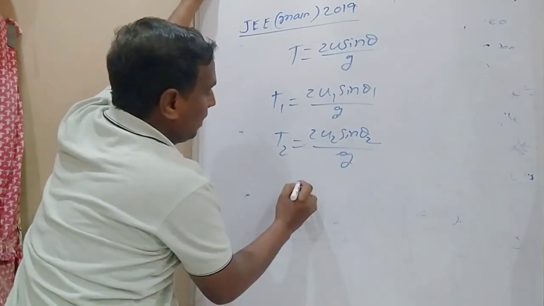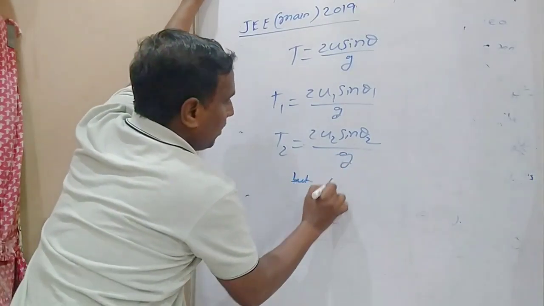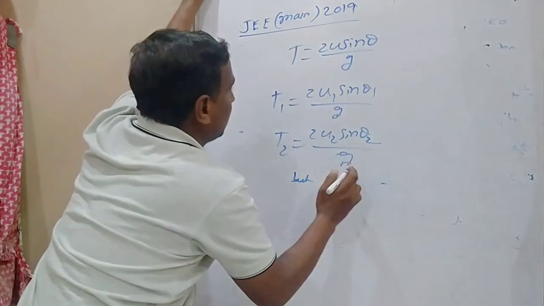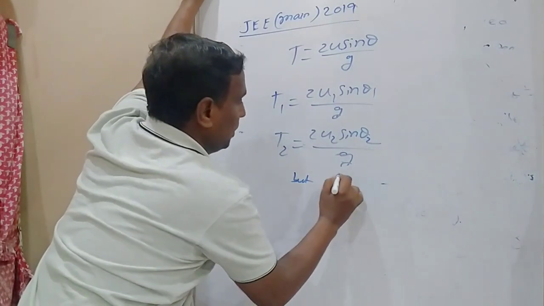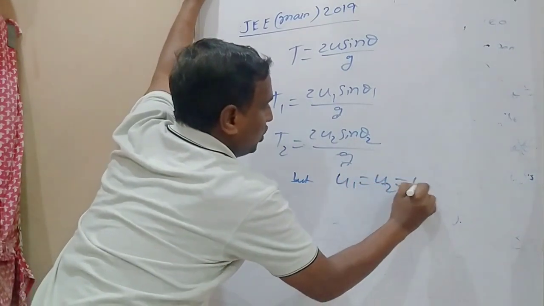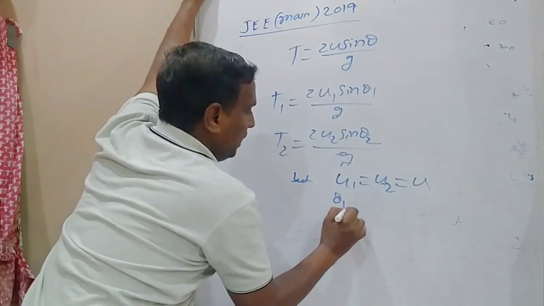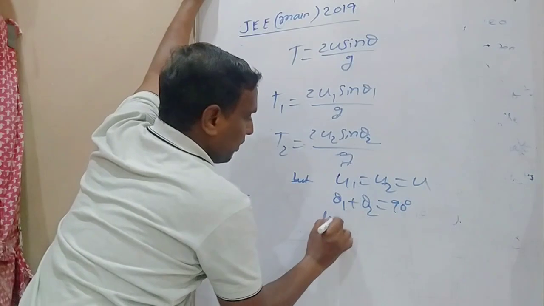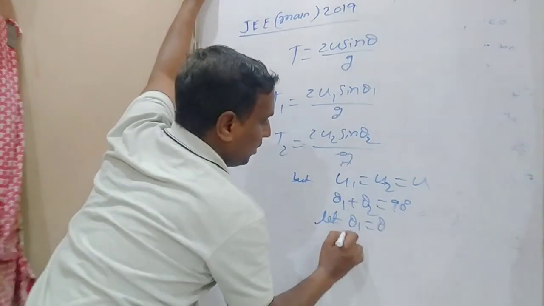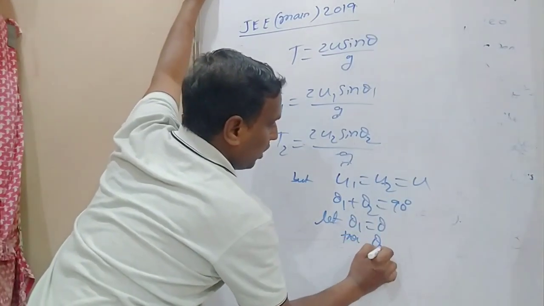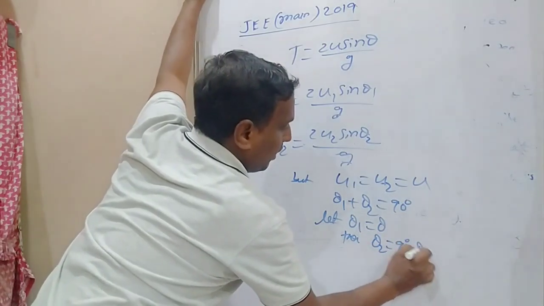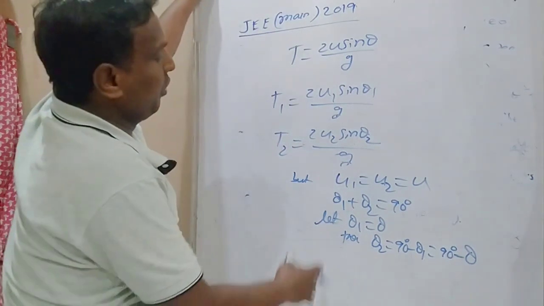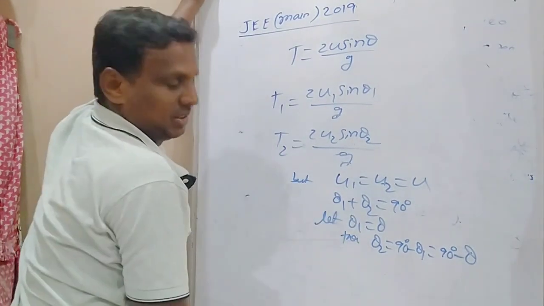But what is the condition here? u1 equal to u2 equal to u and theta 1 plus theta 2 equal to 90 degrees. Okay. So if theta 1 equal to theta, then what is theta 2? 90 minus theta 1, nothing but 90 minus theta.